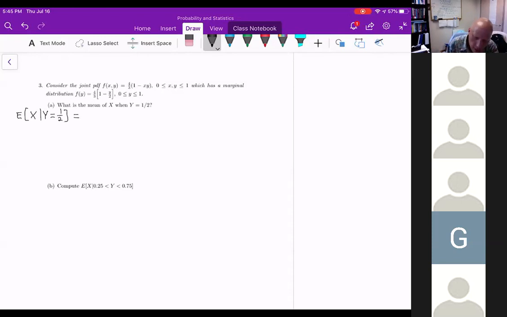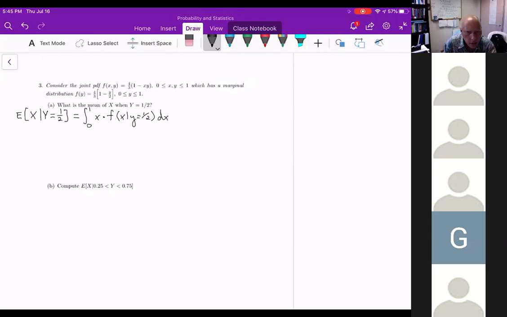And since these are conditional distributions, this is the integral of x, because it's the expected value of x, times the conditional distribution f of x given y is 1/2, dx. And so this is going to integrate from 0 to 1.